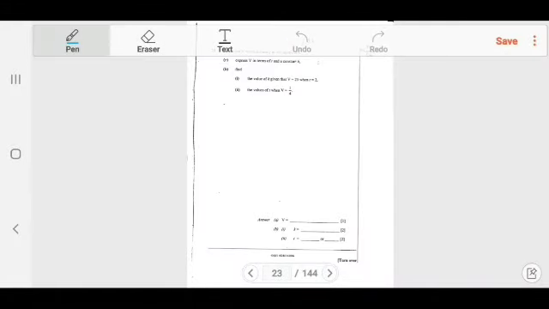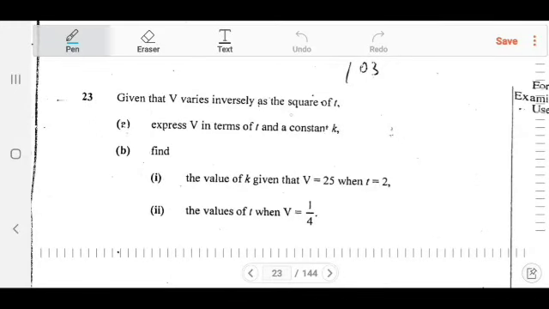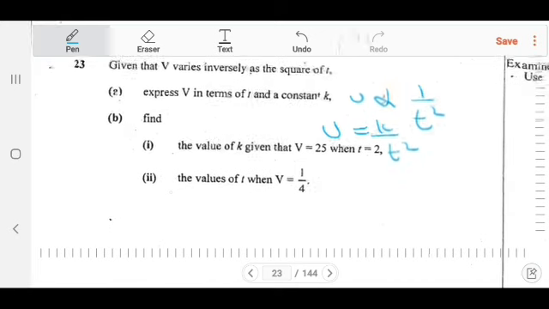Now moving on to number 23. Given that V varies inversely to the square of T, express V in terms of T and a constant K. So V equals to K. Let me start by saying V is inversely proportional to 1 over T squared, which is equal to K over T squared.